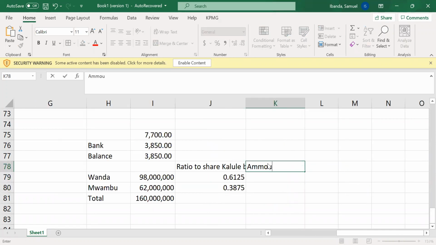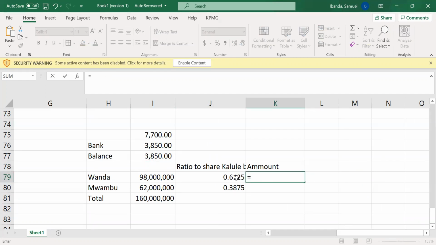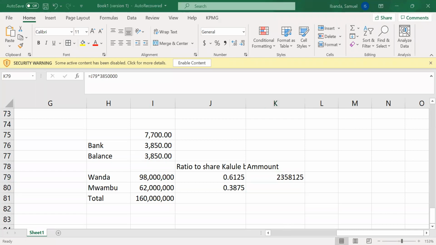So the amount that we shall get, you just multiply this times the 3,850. So it will be this times the 3,850 thousands. Remember, it has thousands on it. So it gets us 2,358.125, as you can see there.